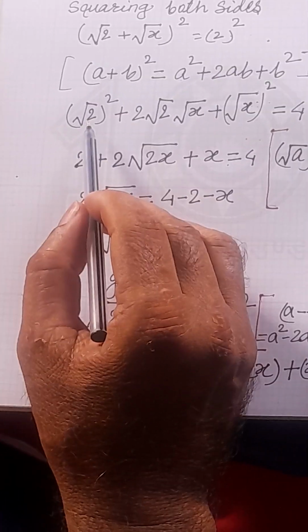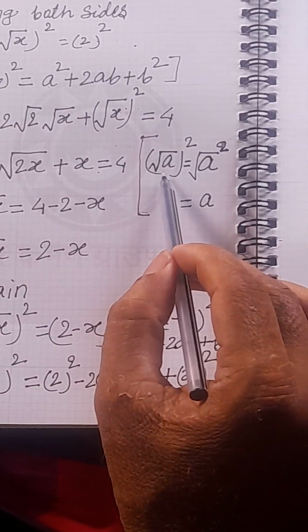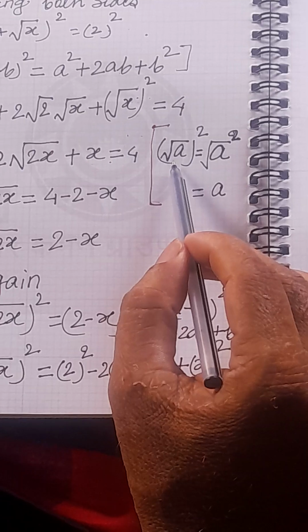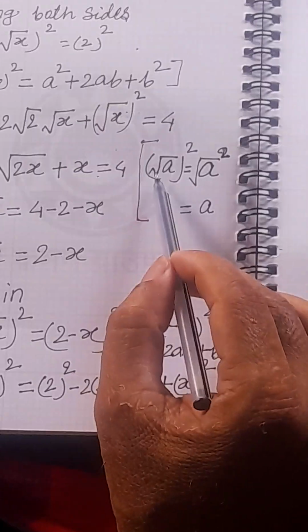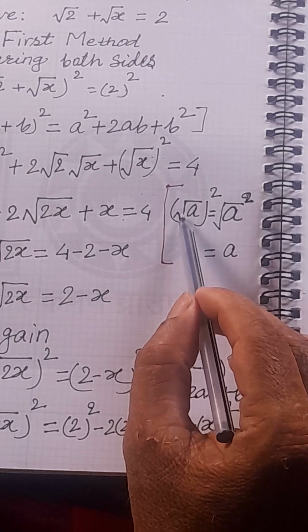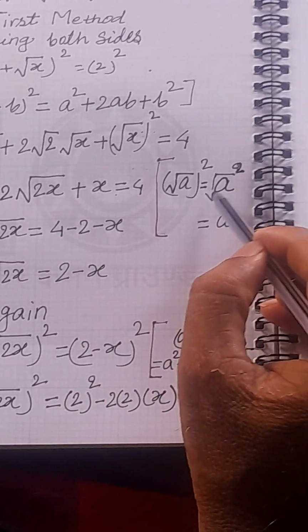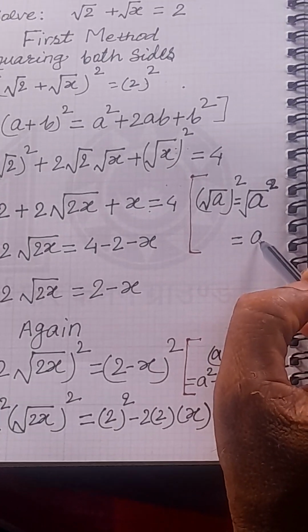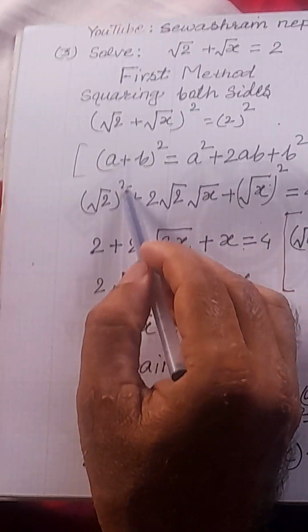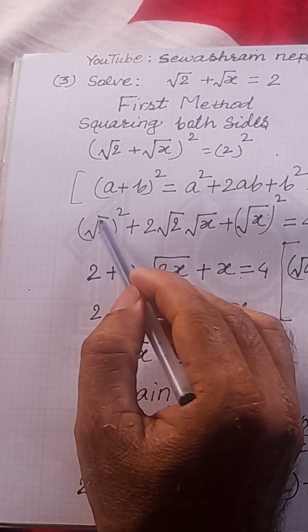Now root 2 whole square: if the square root of any term is squared, then the symbol of square root is eliminated. This square eliminates this square root. The same formula is applied here. Here this square eliminates the square root symbol.